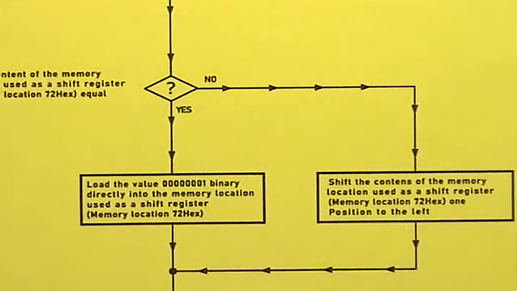If the memory location used as a shift register does not have the value 0, the content of this memory location is shifted one position to the left.